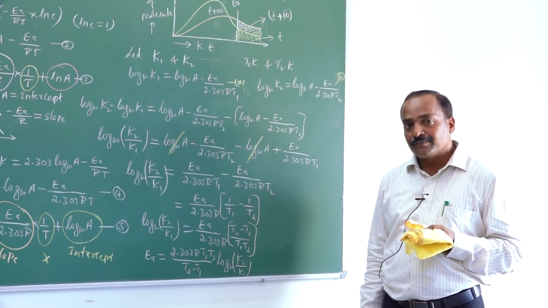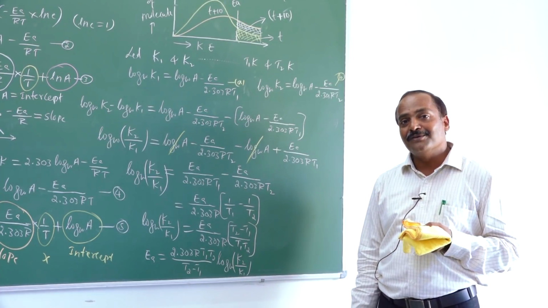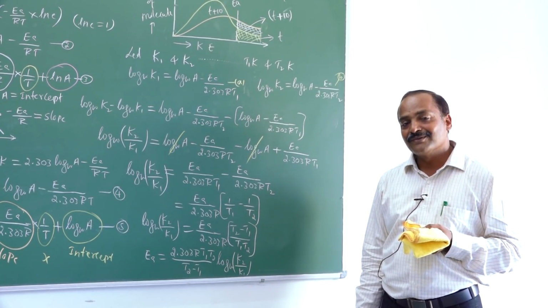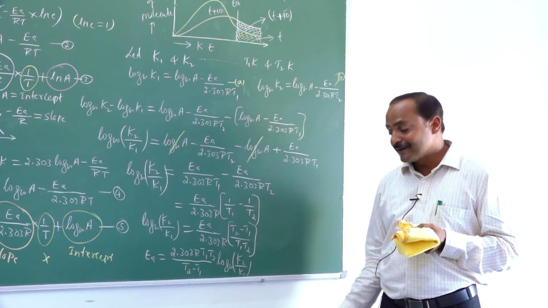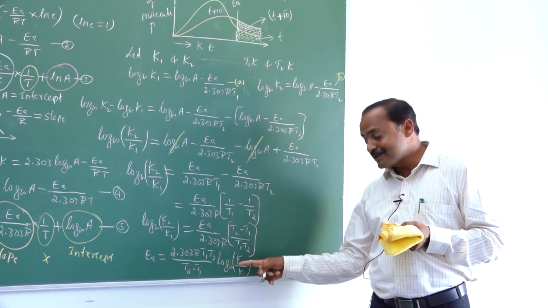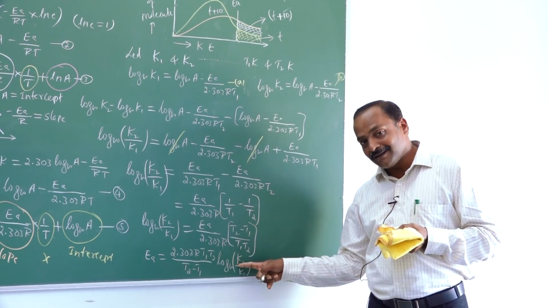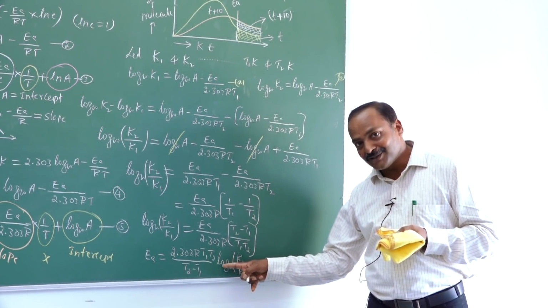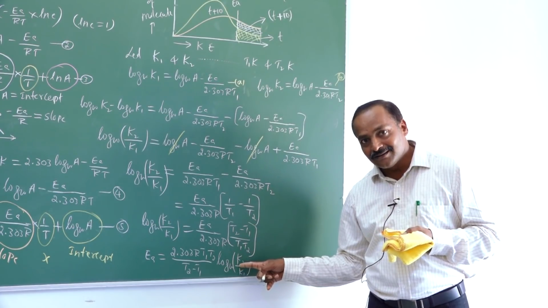If K1 and K2 values are the same, if K1 is equal to K2, then log base 10 K2 by K1 is log base 10 1. What is the value of log base 10 1?